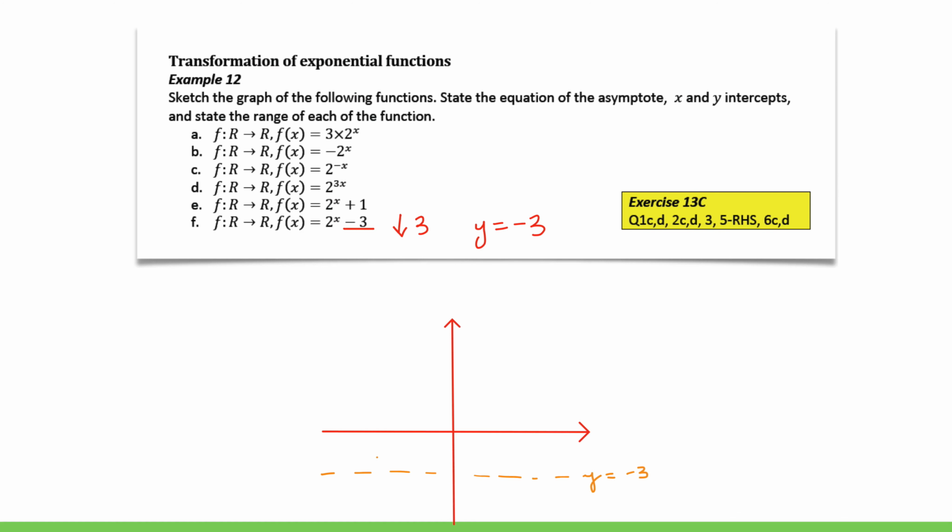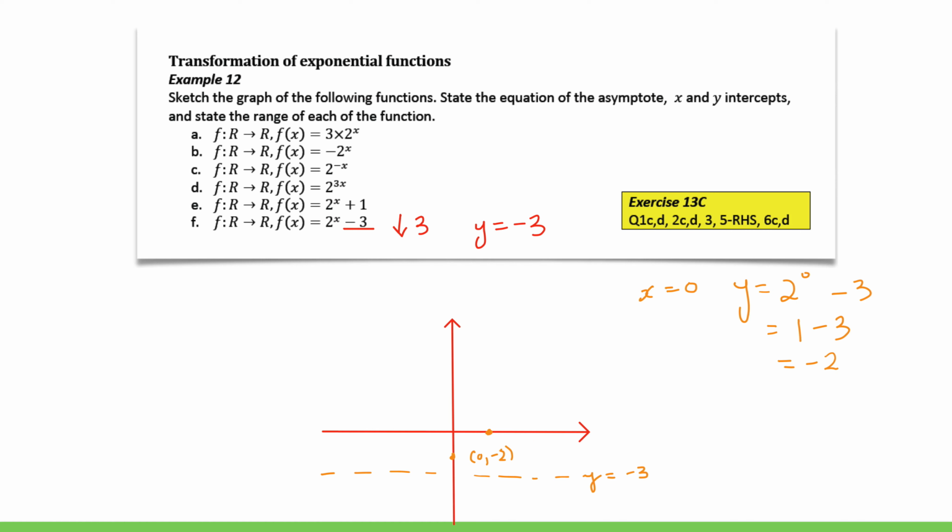Now the question here is whether it passes through the positive section of the x-axis or the negative section. So before I actually draw this on, I'm going to find my intercept. So when x is equal to 0, I'm going to find my y-intercept. So 2 to the power of 0 is going to be 1 minus 3. I'll end up with -2.